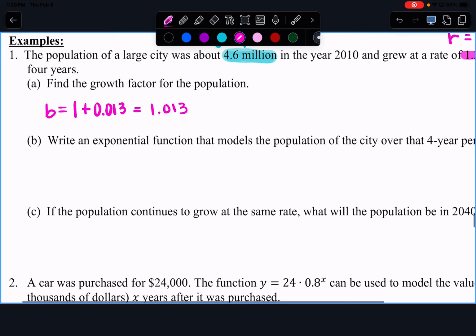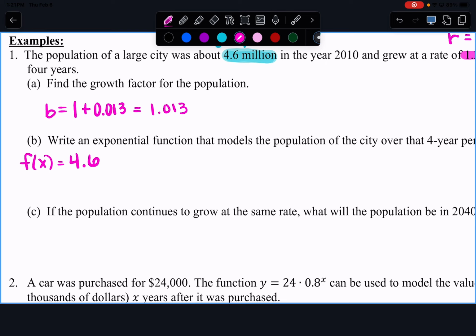The next one wants us to write out our equation. I'm going to show us 2 ways we can write this equation. You can find your B first, and then write your equation. What's your A again? 4.6 million. Whenever we're dealing with millions places, if it gives you your number as 4.6, you can use 4.6. But if it gives you your number by writing the whole number out, you have to leave the whole number in there.